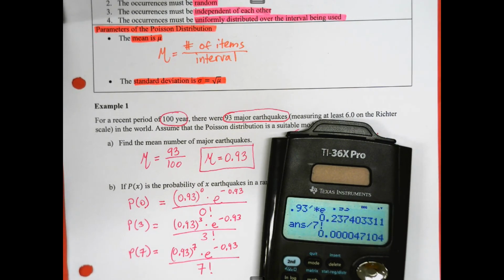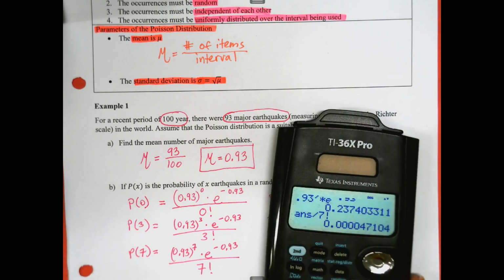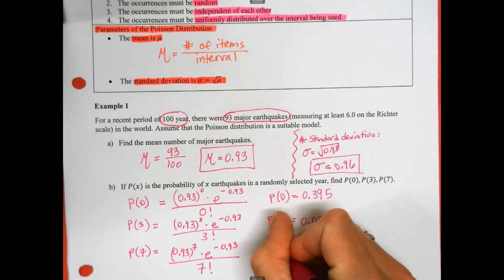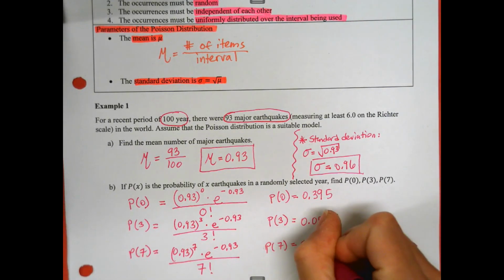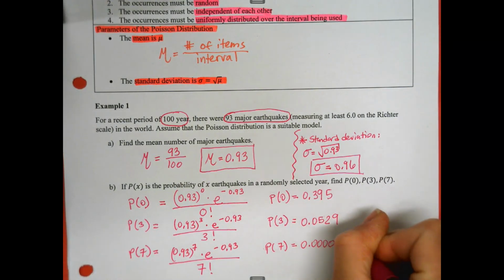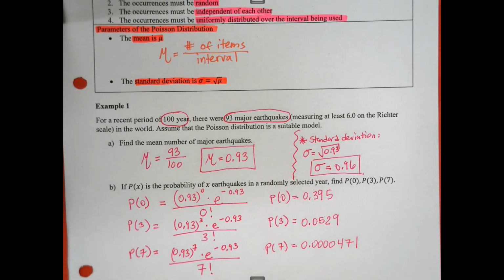And we end up with 0.0000471. So the big thing for Poisson distributions is that they have to be over some interval, whether that interval is time, distance, area, etc.